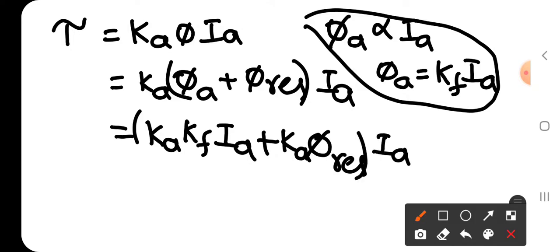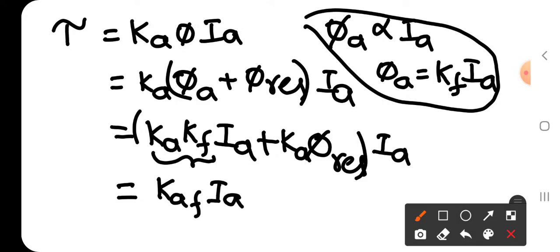Let me assume Ka Kf, which is constant, as Kaf, and here Ka is constant and phi RES, the flux due to residual magnetism, is also constant. So let me assume this value as KRES.